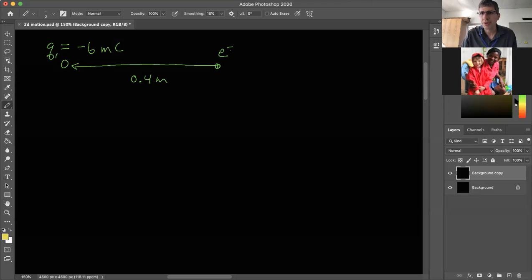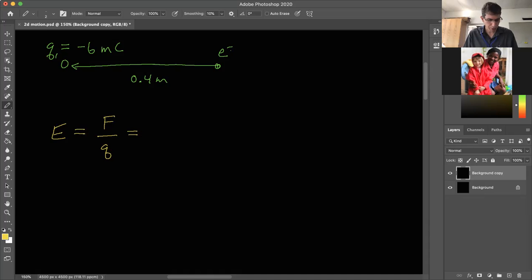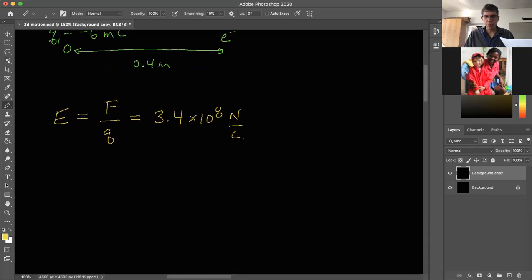So what they're saying is, the electric field, which remember is the force to charge ratio, so sometimes we write it like this, is going to equal 3.4 times 10 to the 8th newtons per coulomb. And this is similar to problem number 1. They tell you this thing equals this number. Show me how you get to that number.